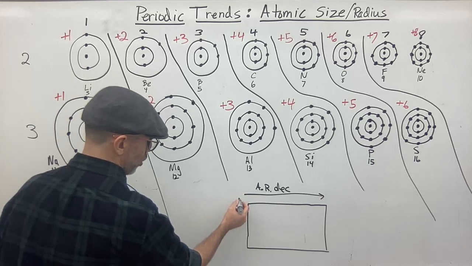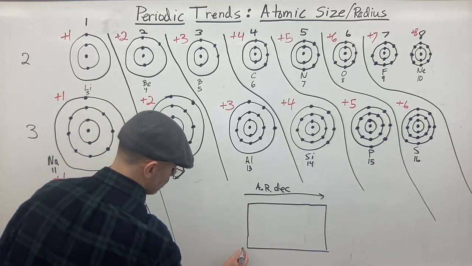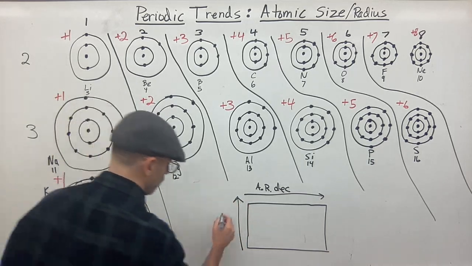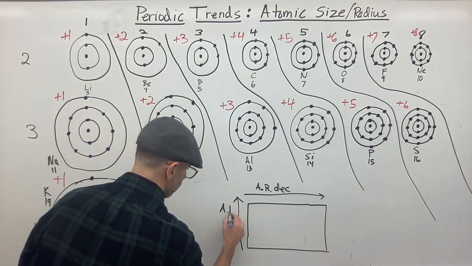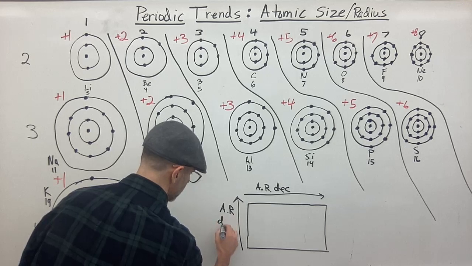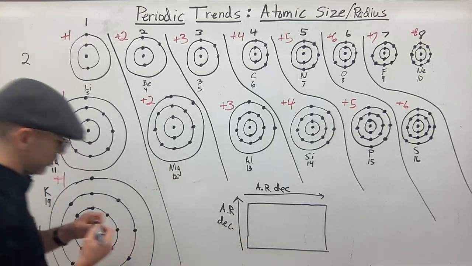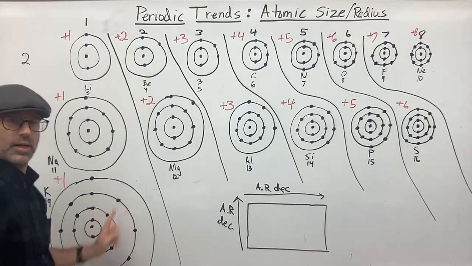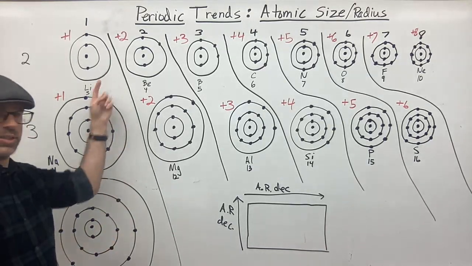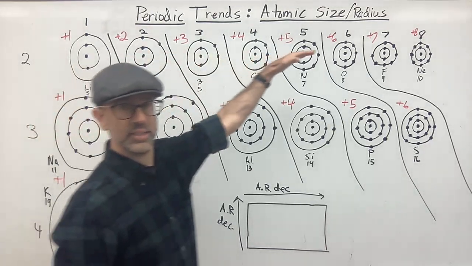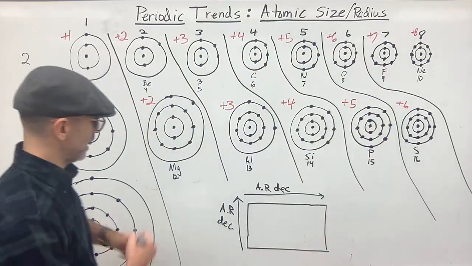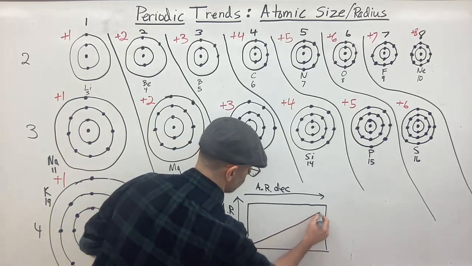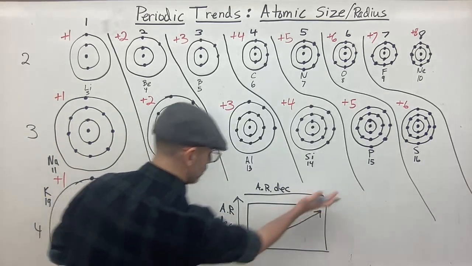And so as you go up a group, atomic radius also decreases, or atomic size decreases, right? So as you're going up the group, atomic radius decreases. As you go this way, atomic radius decreases. And so the overall trend in the periodic table is decreasing this way.